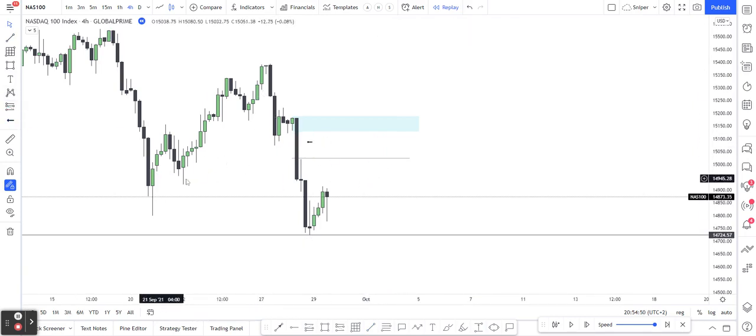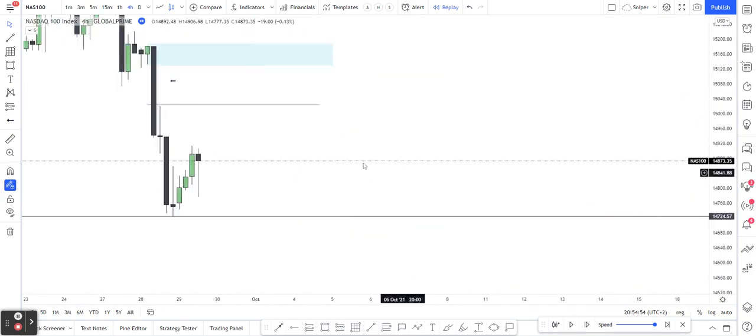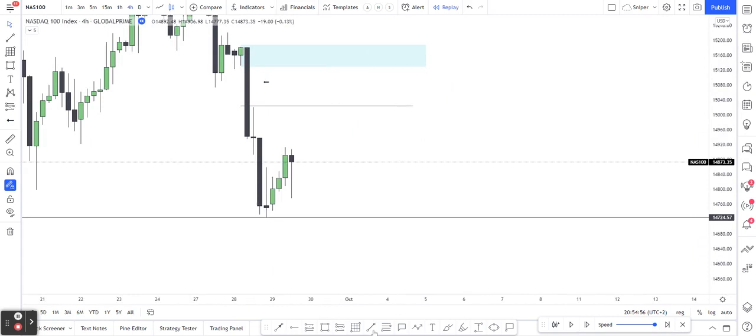That all this big move broke structure towards the downside. So we can see we have that, but then also we have price creating liquidity below this low as well. So this is another indication that we have a liquidity pool below this low as well.